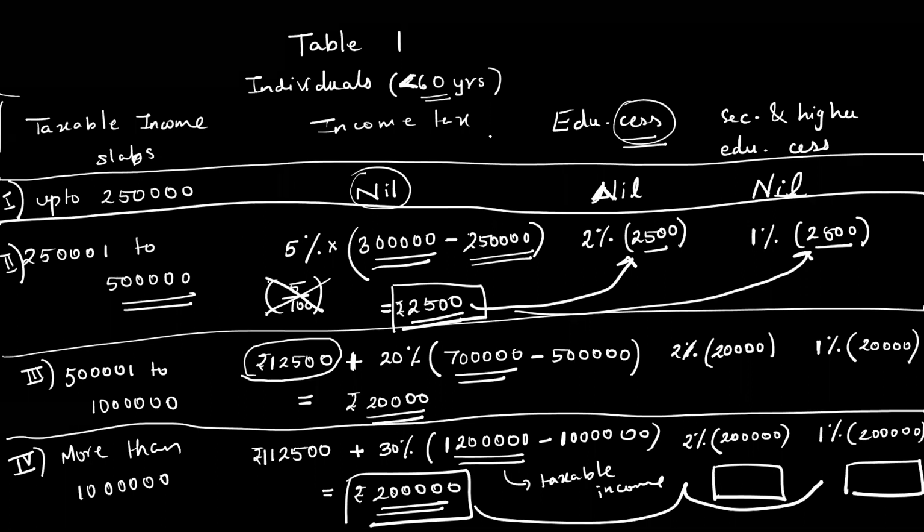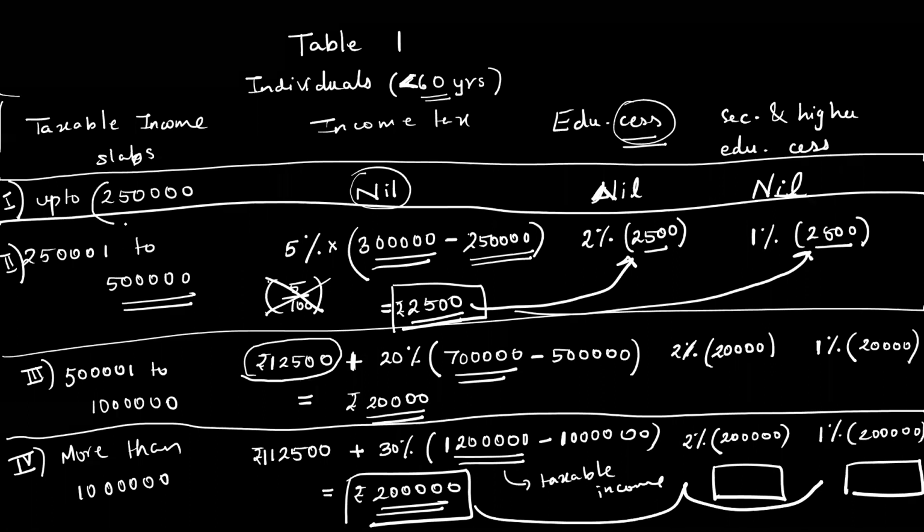Yeah, sure. Now, next table, I'll explain this to you all orally quickly because it's the same logic being used. That is table 2, senior citizens. Senior citizens means from 60 years till 80 years, between these two age groups.